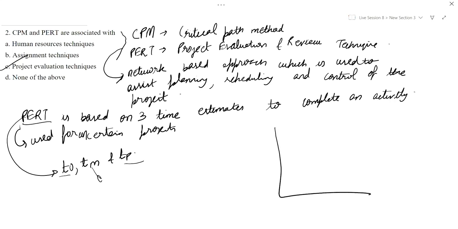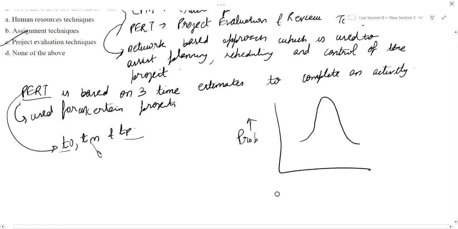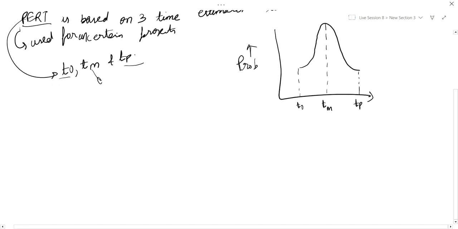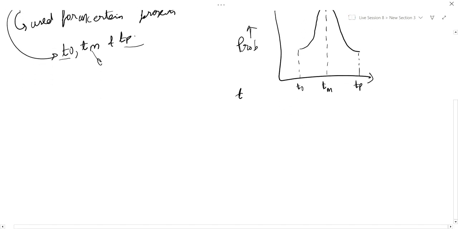If we draw the graph, this is the probability, y-axis, x-axis, this is the TM, this is the TP, this is the T naught. Now TE, the expected time, is equal to T naught plus 4 into Tm plus Tp, divided by 6.